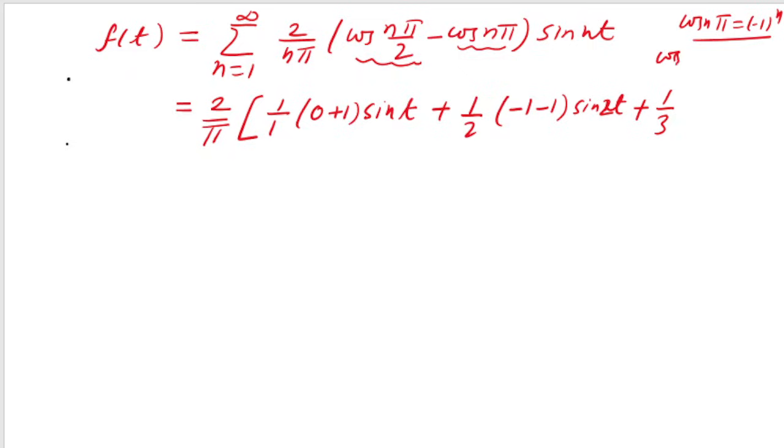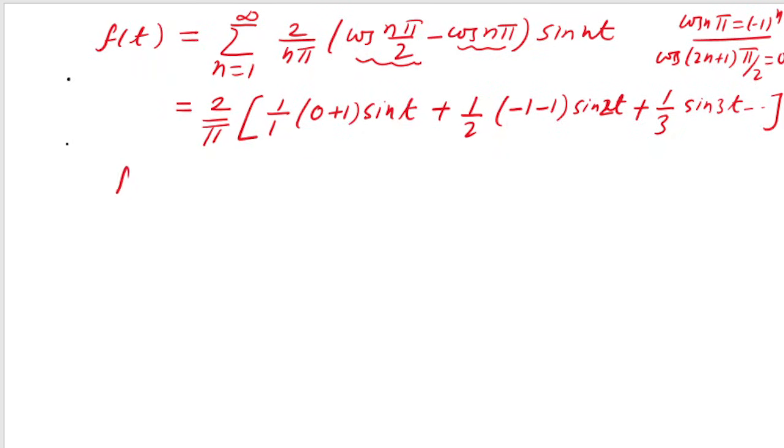I hope you remember this result, that cos of (2n plus 1) into pi by 2 is equal to 0, an odd multiple. So for n is equal to 3, cos 3 pi by 2 will be equal to 0, and here I will get cos 3 pi, so that is minus 1 to the power 3, that is minus 1, right? So minus minus gives plus 1, so I will get just 1 by 3, and here I will get sine 3t, and so on. That is what I am getting.